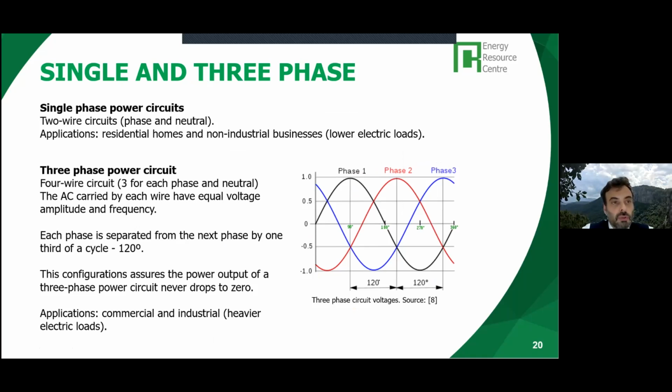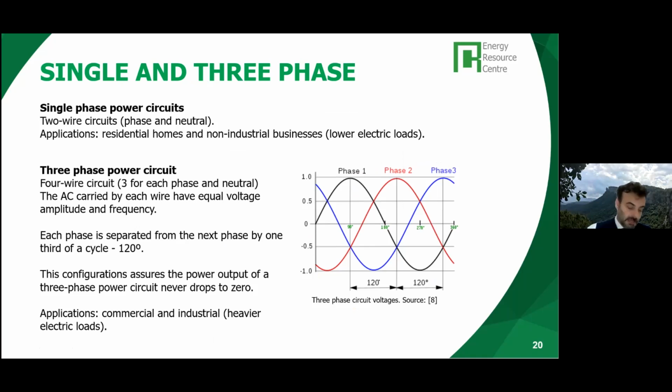Then to conclude this section, remember also, in order to optimize the distribution, the transport of electricity in alternating current, we use three-phase transport. A three-phase power circuit consists of 4 wires, 3 for each phase together with a neutral.